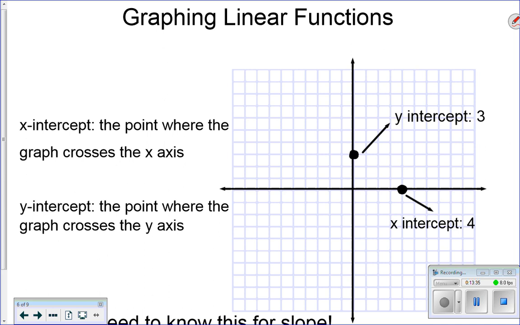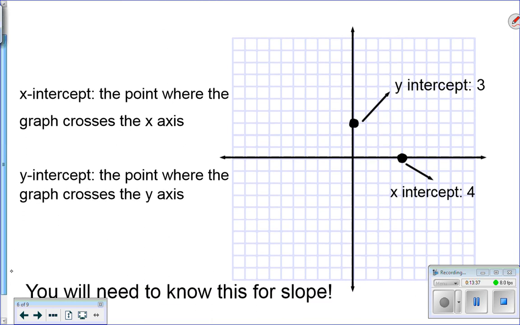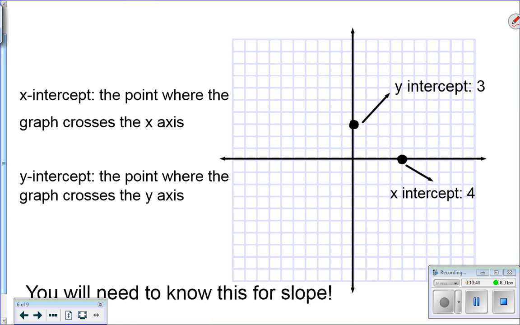This is something you're going to have to know for slope. X-intercept is where your line, let's say if you draw a line, would cross the X, and Y is where it would cross the Y. So that's another reason we have to put that negative 1 in there, because if we don't, sometimes you won't see your X-intercept. So that's why we also have to have that negative 1 in that graph.